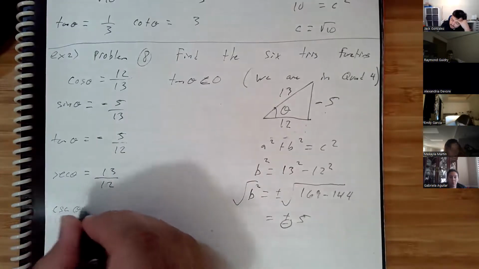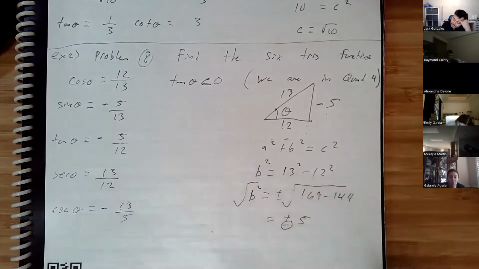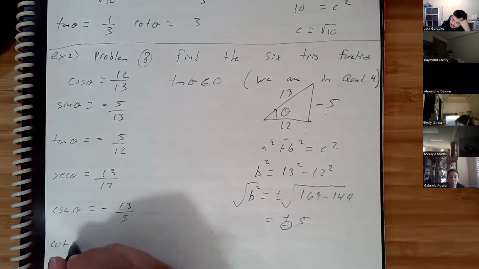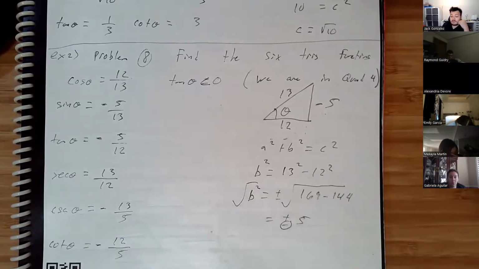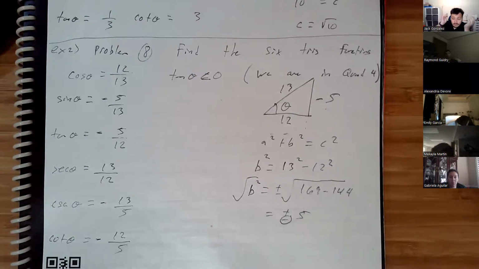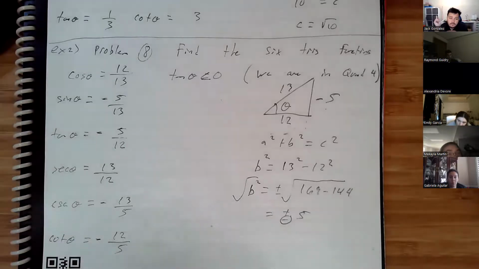Cosecant, reciprocal of sine. Cotangent, reciprocal of tangent. Okay, so there's our 6 functions. And that's what they had on the screen as well. Any questions on the work or the idea or dealing with the signs, the positive and negative sign?